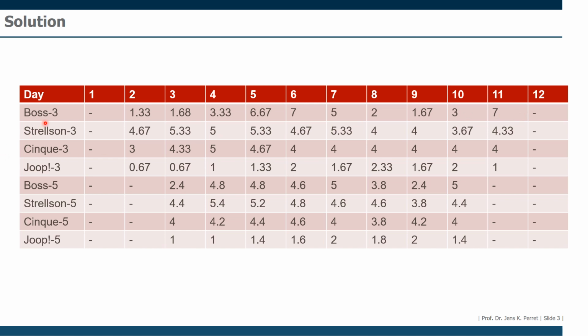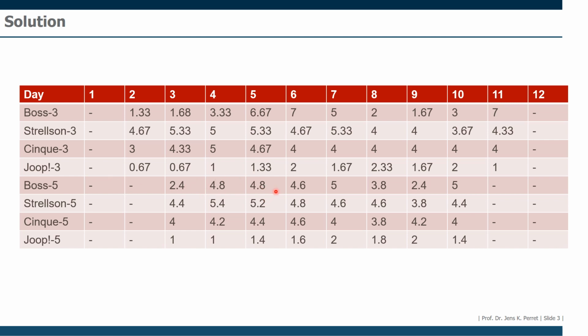And we do this for Boss, we do this for Strelson, Sink and Job. And in each case we see, since it's 3 day moving averages, we are missing the first one and the last one. If we now turn to the 5 day averages, we can only start with observation 3 because here we are averaging 1, 2, 3, 4, 5 and we assign this to the third one.